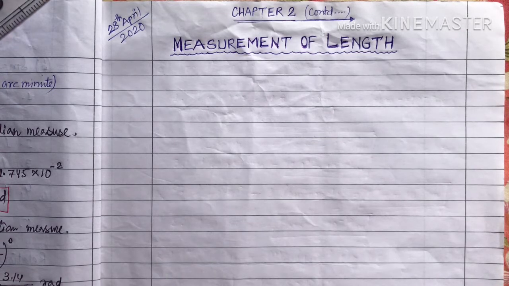The first one is the direct method, and the second is the indirect method. These two methods we will learn here. I will explain those two methods, and in this session I will focus mainly on one very important method called the parallax method. Okay, so let's start now.